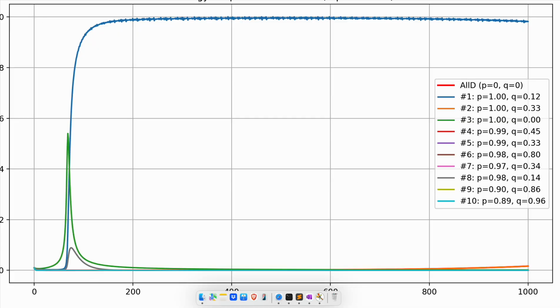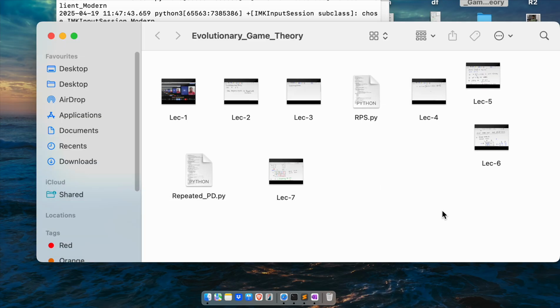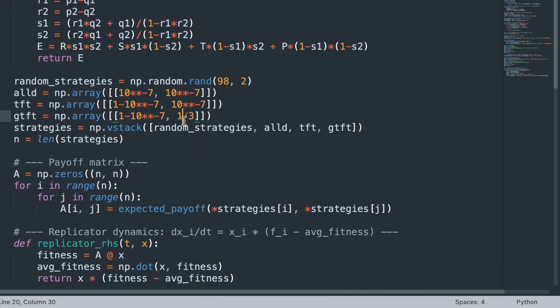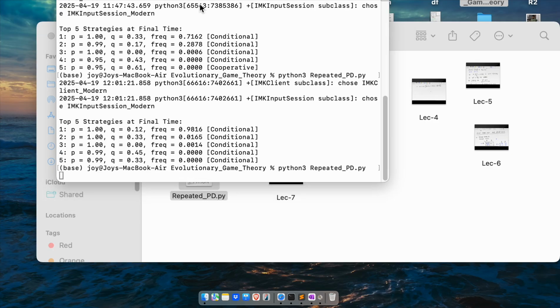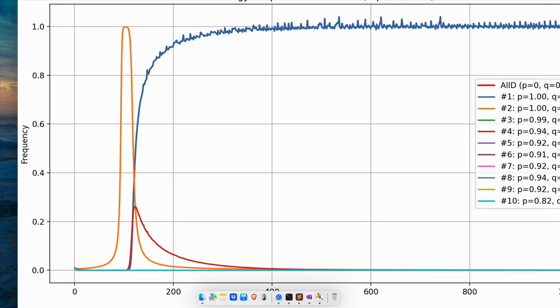Let me see, I don't know what is happening here. This is GTFT, and it should select the GTFT, but it is not showing now. Now maybe you can see it properly.